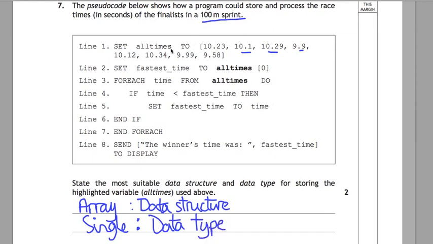We use arrays if there's a lot of times or ages or names, if there's a lot of information we need to store, we don't need separate variables, so we use an array, and the data type is essentially what information you're storing. So you're thinking of your single because it's got a decimal point, and that's your 2 marks there.